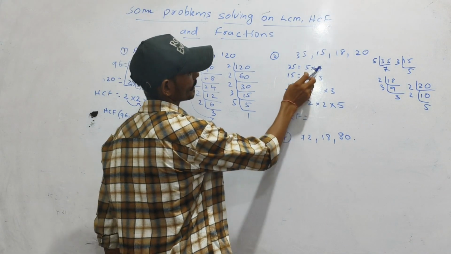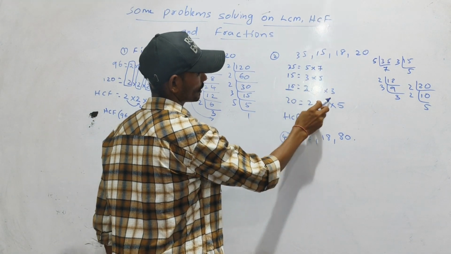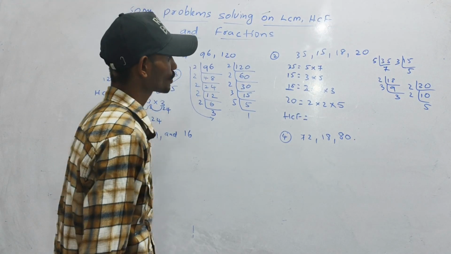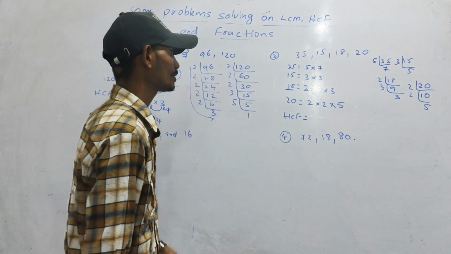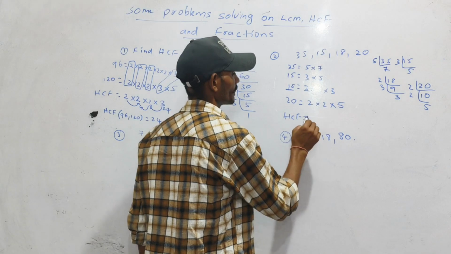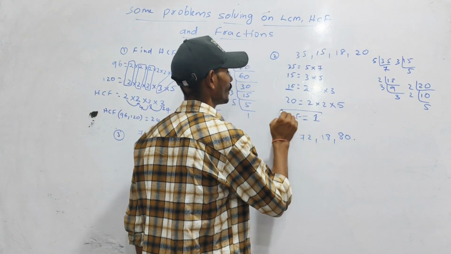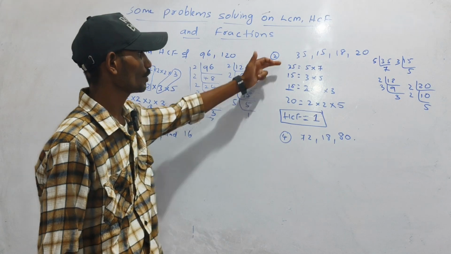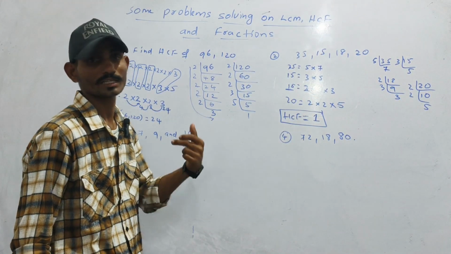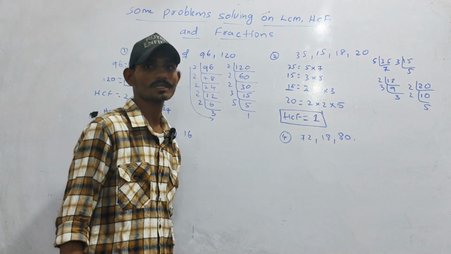Next 7: here 7, but in these three numbers there is no 7. So among all four numbers nothing is common. So in that condition the HCF becomes 1. HCF becomes only 1. If there are no common factors, then the HCF is always 1.